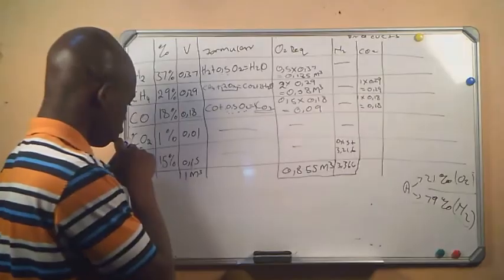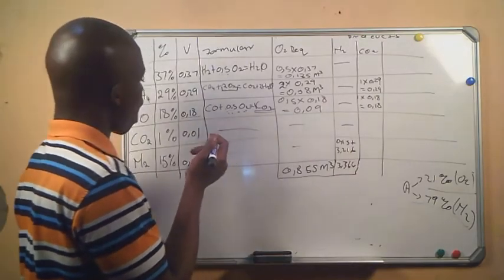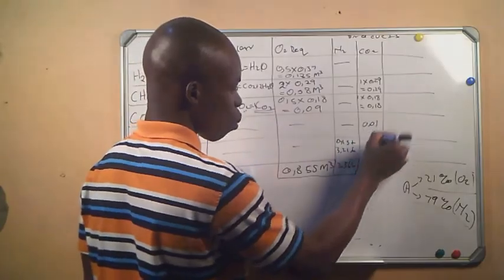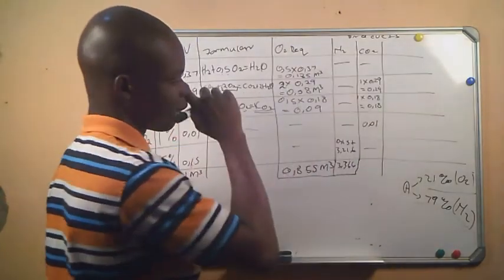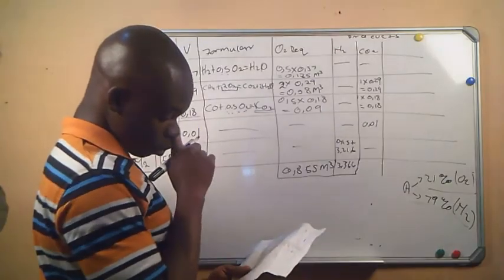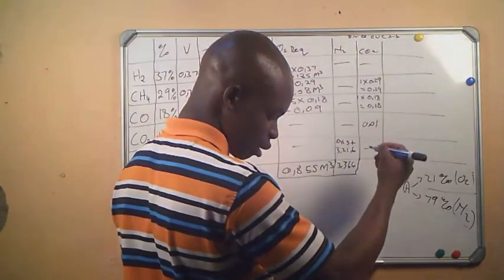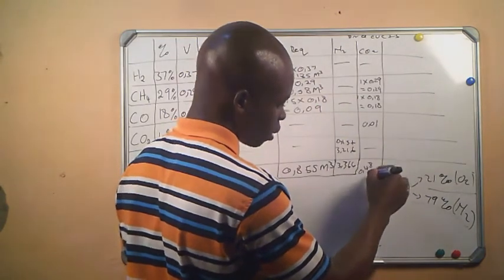And then we were given carbon dioxide from our analysis, so we add it here, which is 0.01. And from here there is no carbon dioxide. Then we say the total amount of carbon dioxide in this system is the sum of these 3, and the total will be 0.48 cubic meters.